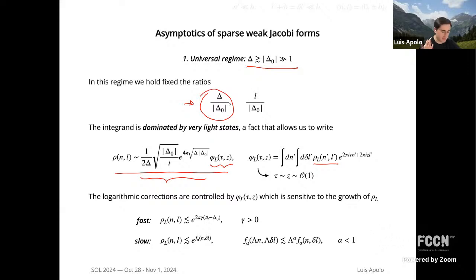So again, because this phi L is sensitive to the growth of rho L of the light states, we need to be careful about whether the form grows fast, meaning this Hagedorn type growth, or it grows slowly, which is a sub-Hagedorn type growth of this form, okay?